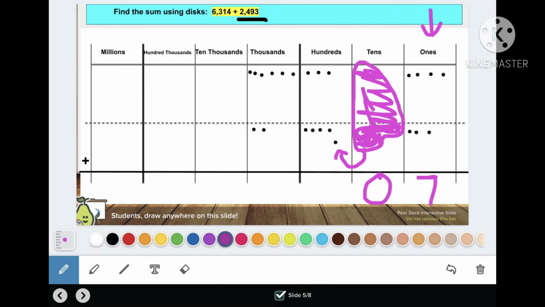Now let's move on to our hundreds. 3 hundreds plus 5 hundreds equals how many hundreds? Good thinking. 8 hundreds. And now let's move on to our thousands. 6 thousands plus 2 thousands.